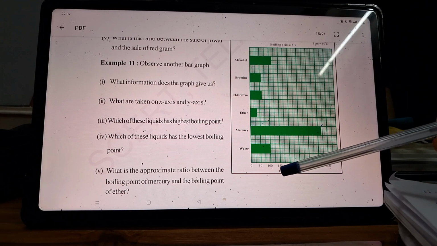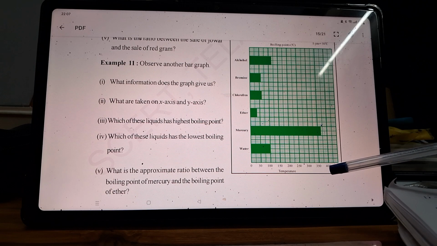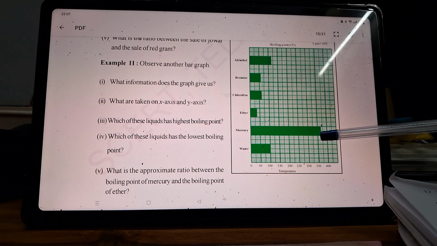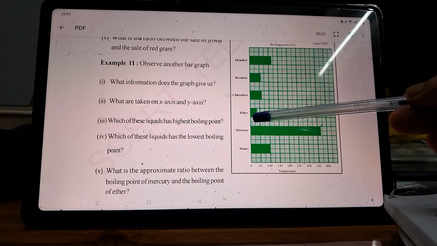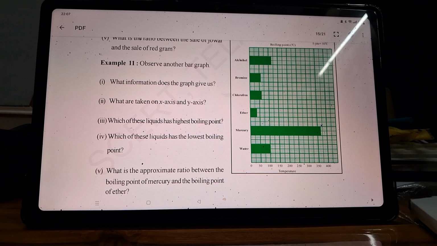Every 1 centimeter is taken as 50. So this can be taken as approximately 370 and this can be taken as approximately 40. 370 is to 40 is 37 is to 4. So this is the solution. These are all the solutions of this bar graph, children.